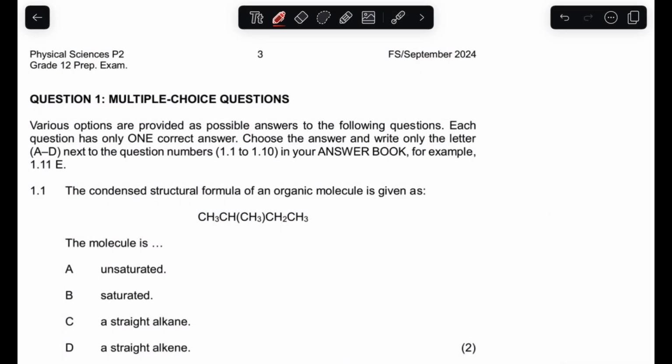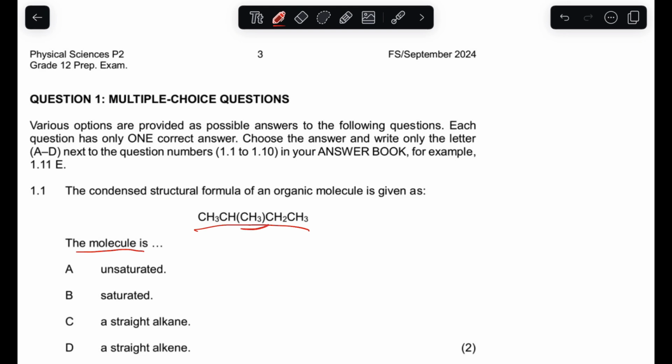Let's start with multiple choice question. Question 1. It says here the condensed structural formula for an organic molecule is shown below. This is a condensed structure, guys, right? But it says the molecule is unsaturated, and unsaturated is a molecule that consists of a triple bond or double bond. But looking at this, there's no double bond here.